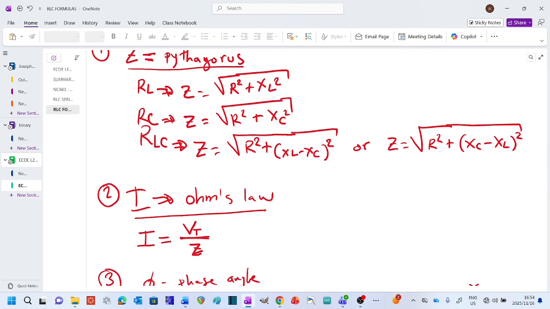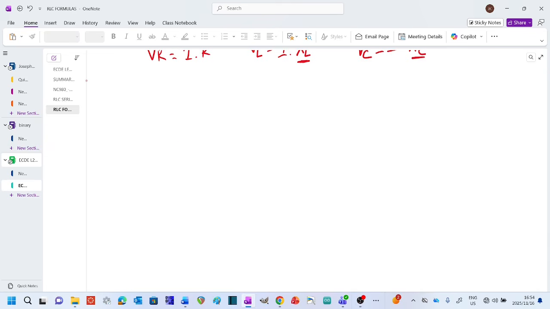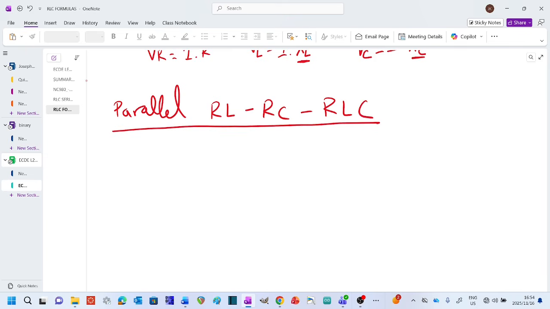So in a parallel circuit, I'm going to continue. When you are dealing with parallel RL or RC or RLC combined circuit, here again we're going to talk about RLC.